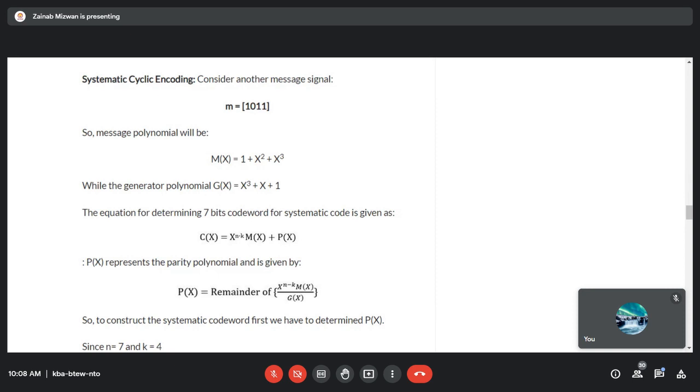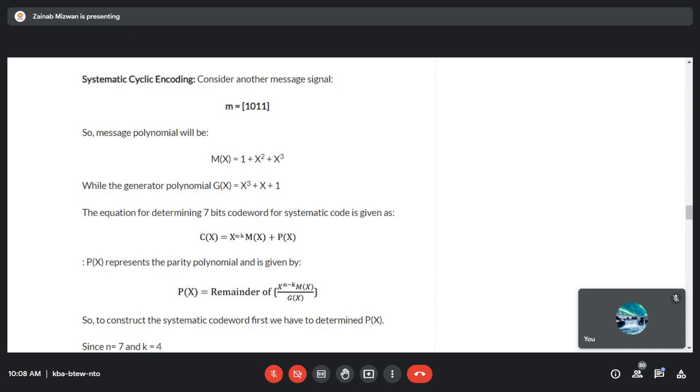Now here the value of k is 4, so the highest power of x will be 4 minus 1, that will be 3. So m of x equals m0 plus m1x plus m2 x square plus m3 x cube. Now the values: this is your m0, m1, m2 and this is the m3 over here.